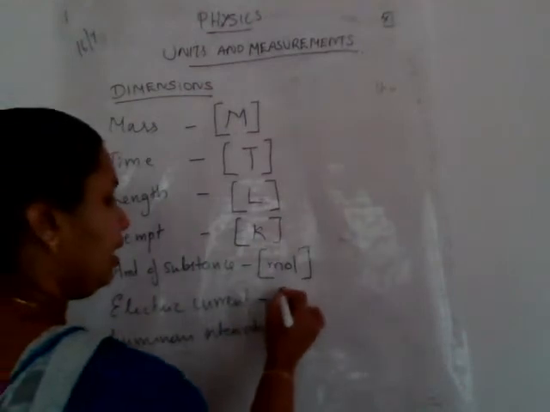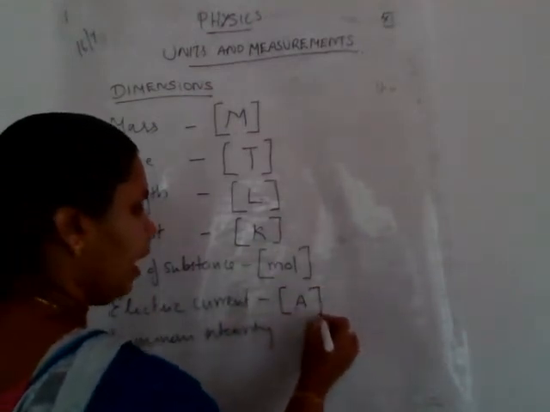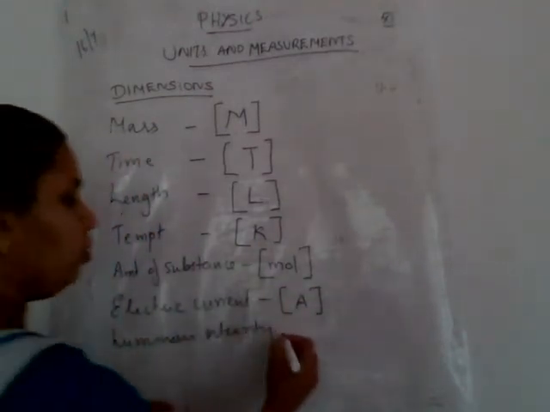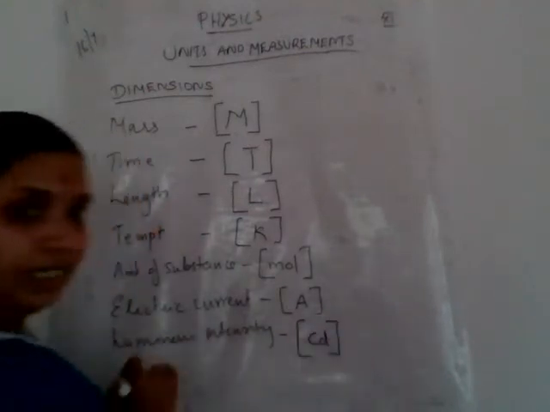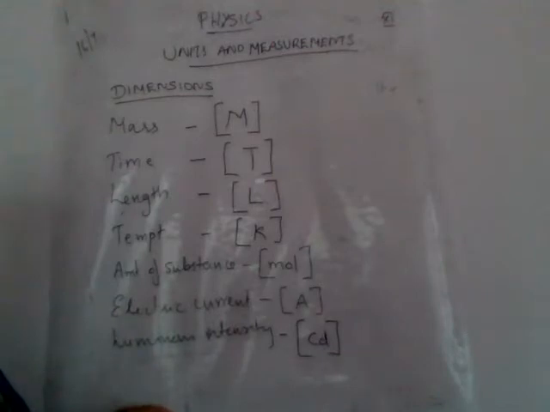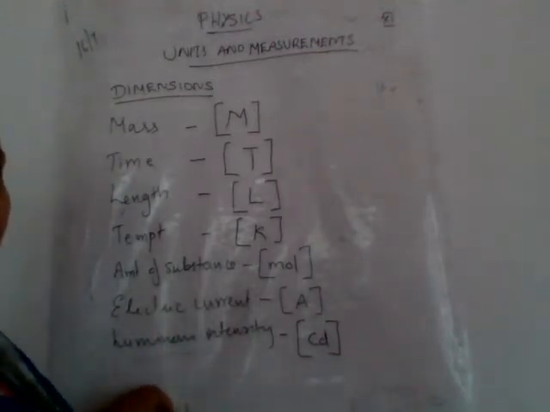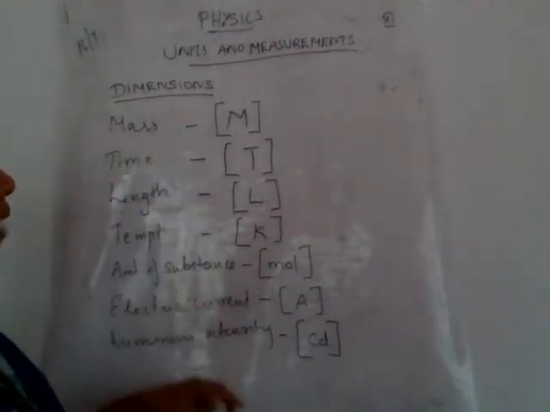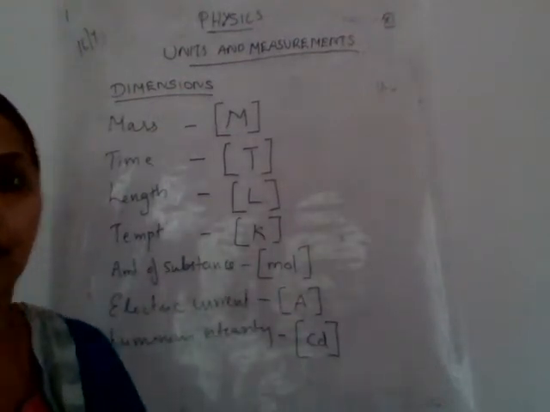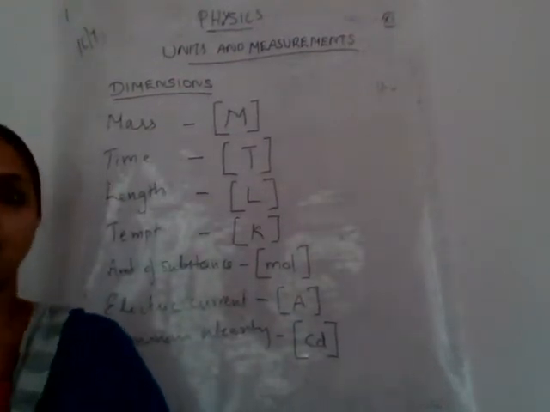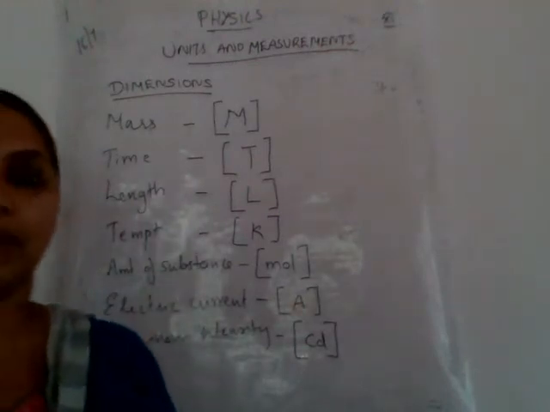And electric current is ampere, that is A in square bracket, and luminous intensity, what will that be? CD inside the square bracket. So these are the dimensional representations of all the fundamental quantities.